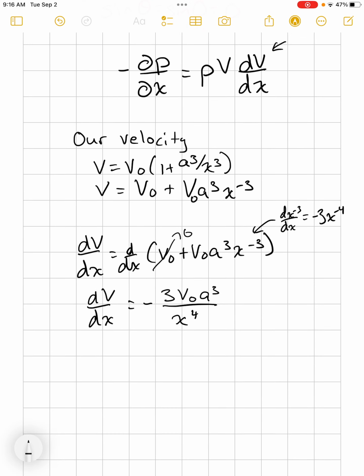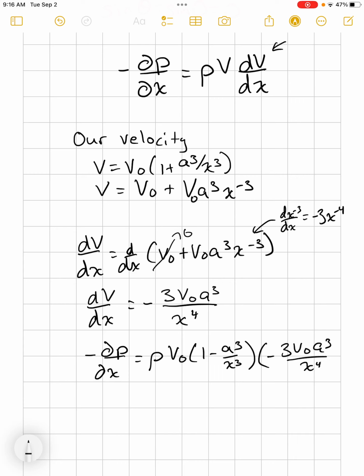All right, so let's plug this into our equation. Minus dp dx is equal to our density times our velocity, which we were given as V naught times 1 minus a cubed over x cubed, times minus 3 V naught a cubed over x to the 4th.